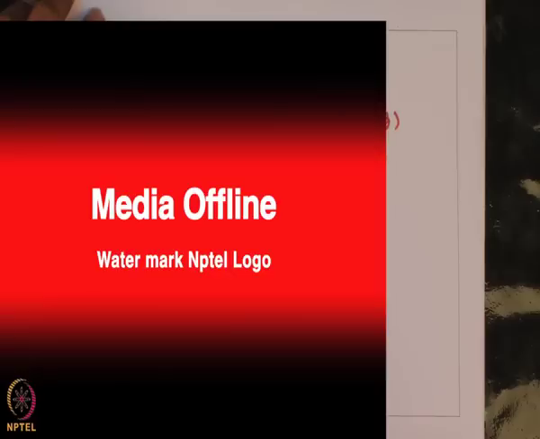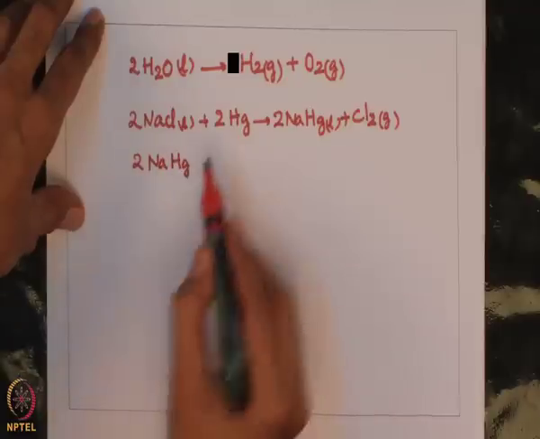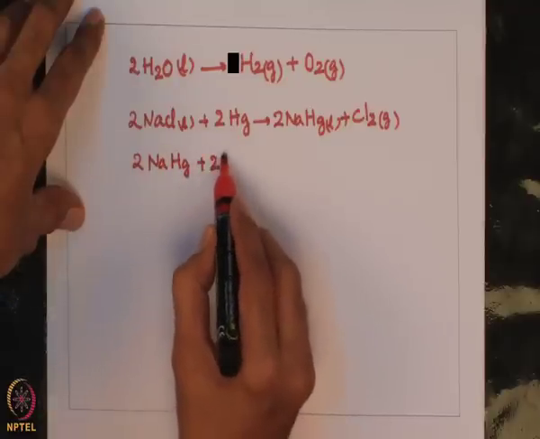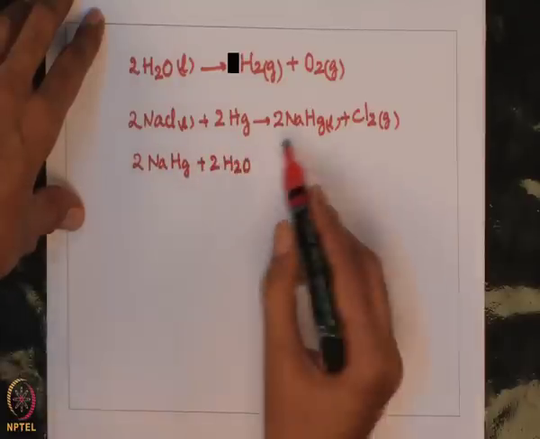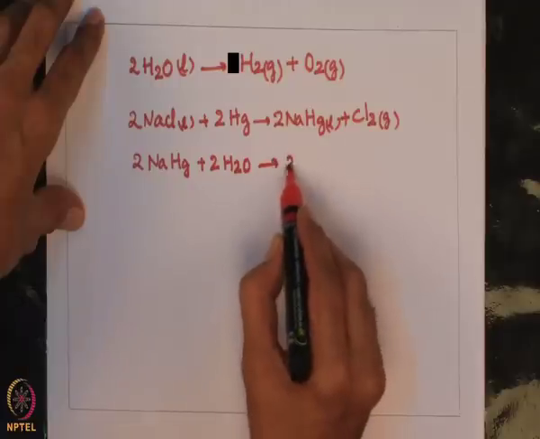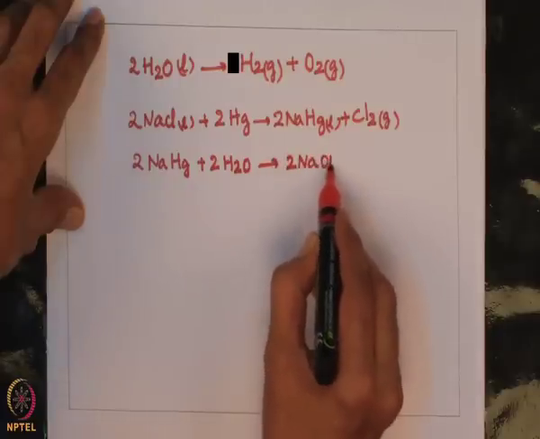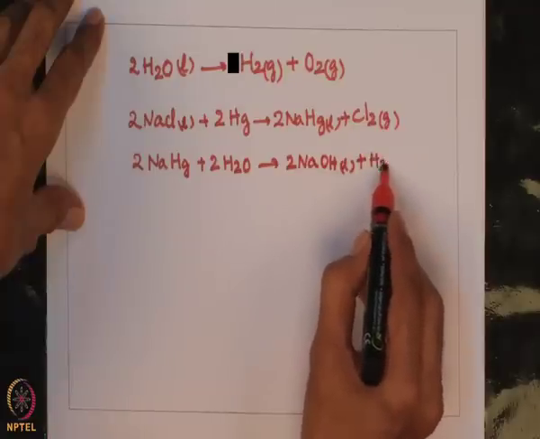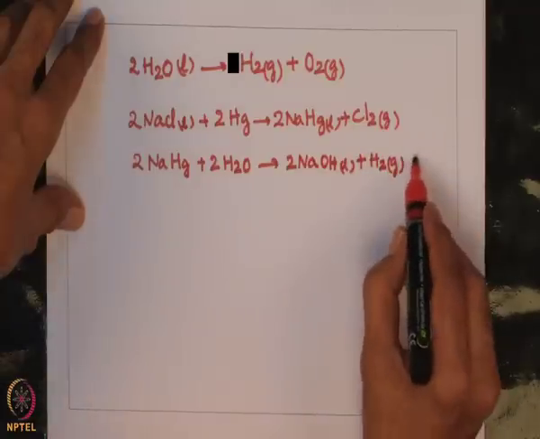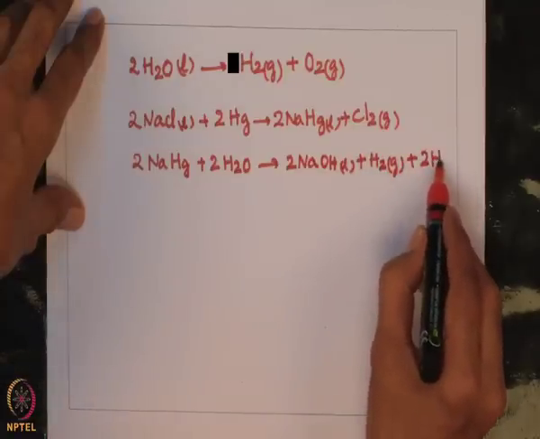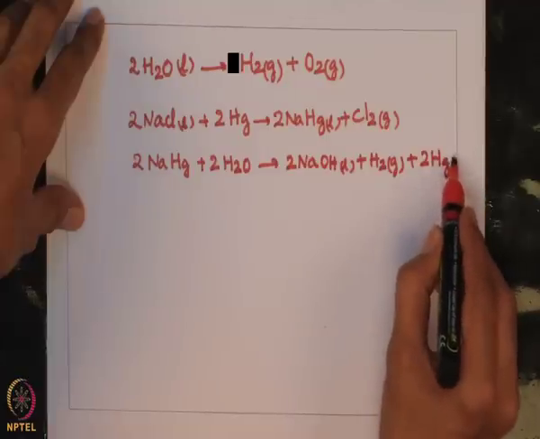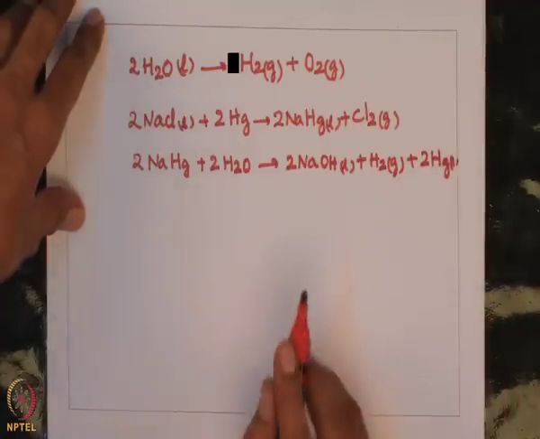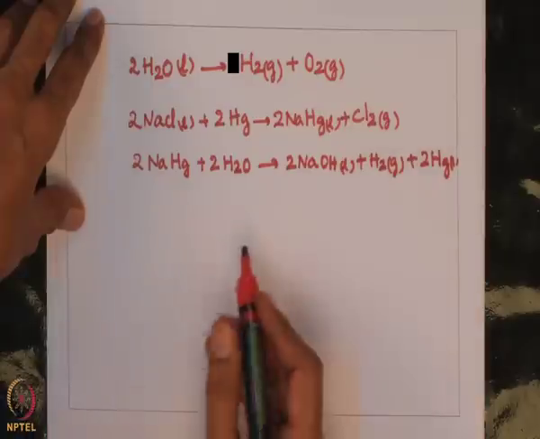This sodium amalgam reacts with water to give sodium hydroxide, and H2 will be liberated, and mercury also comes out.